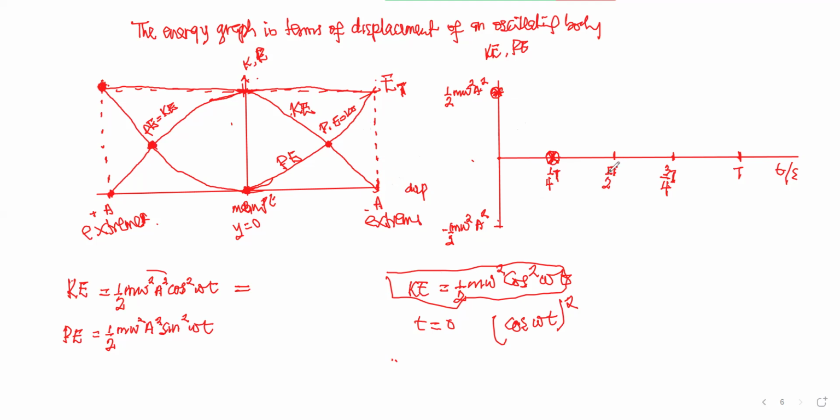When theta is 180 or t is equal to half of the period, what will be KE? What would be KE?